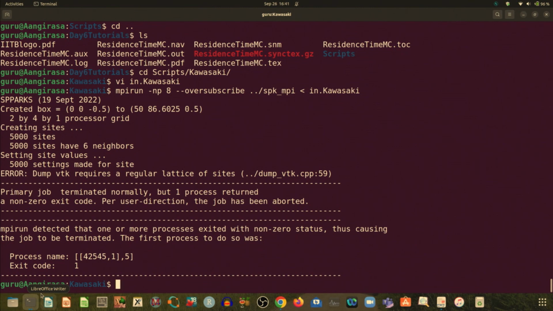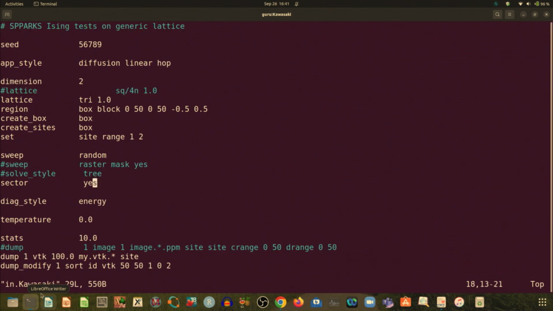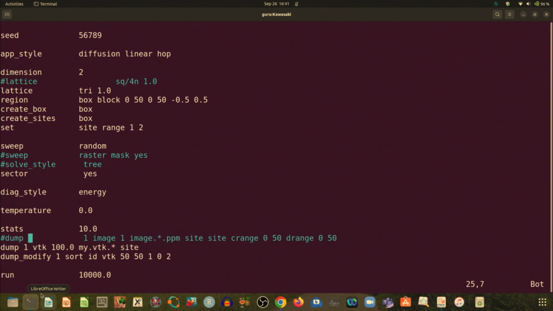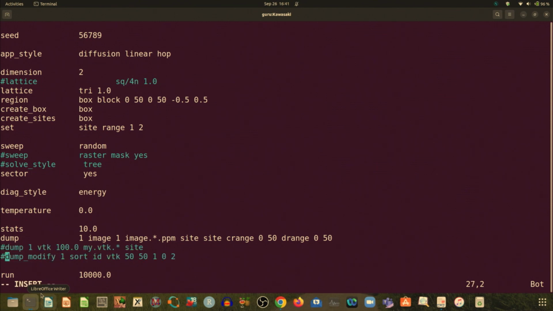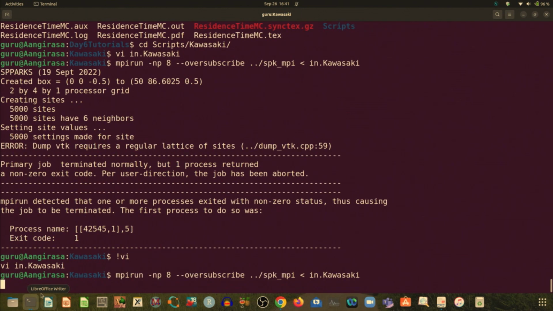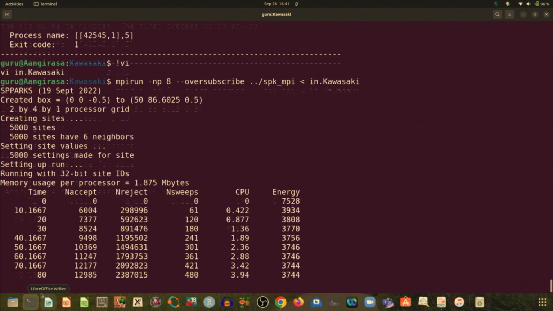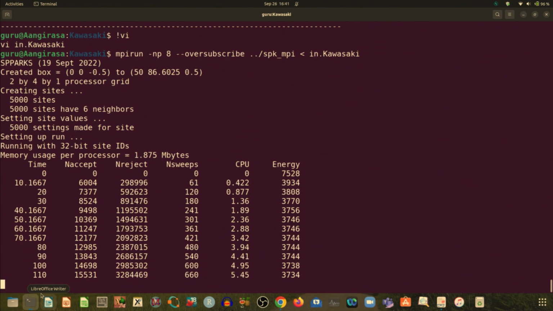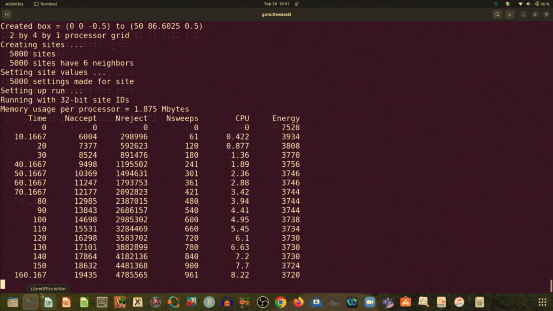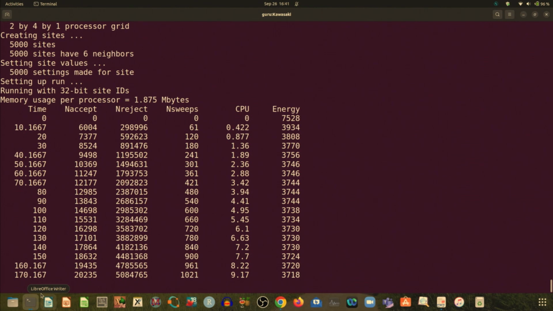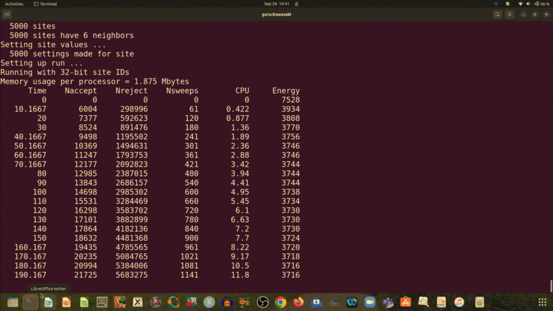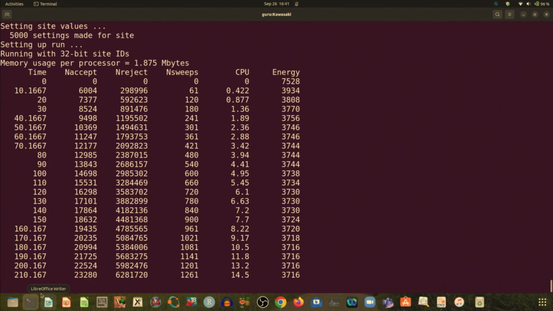Dump VTK requires regular lattice sites. This is not a very neat way because it prints the ppm files in some strange orientation. But at least for our purposes we will be able to see.